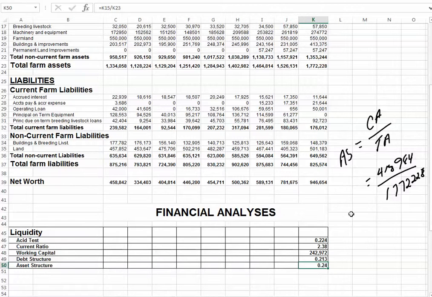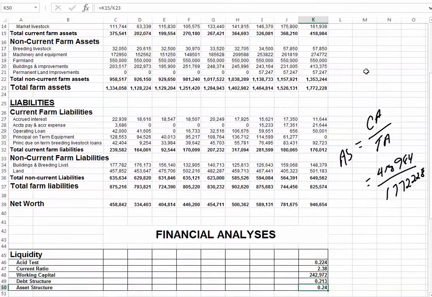For example, what if a farmer rented most of his farm machinery and rented most of his farm land? Then you would expect that asset structure to be a large number because the farmer would not have items listed in the non-current assets category.